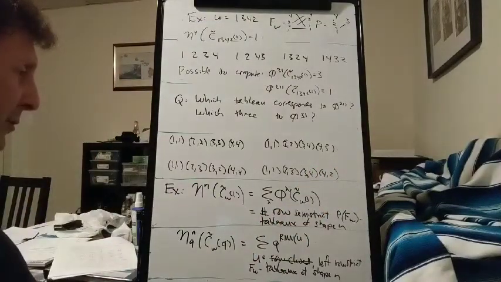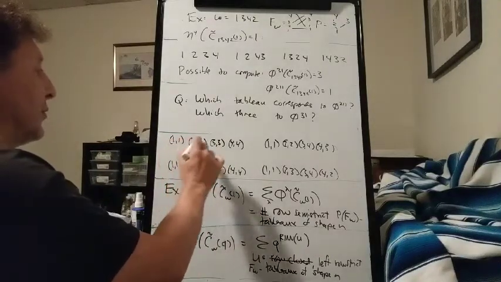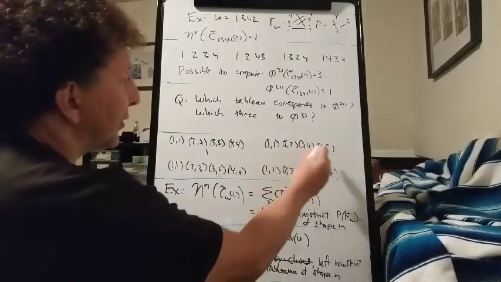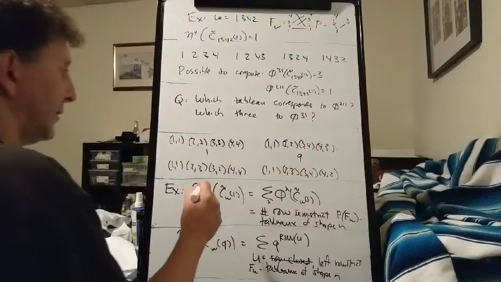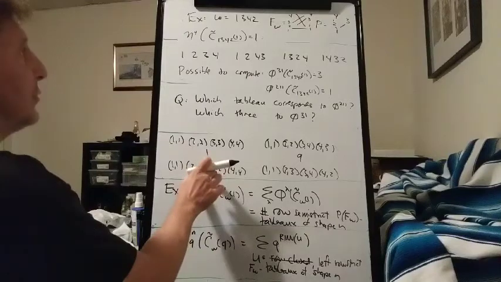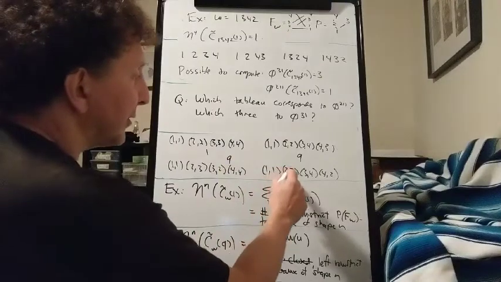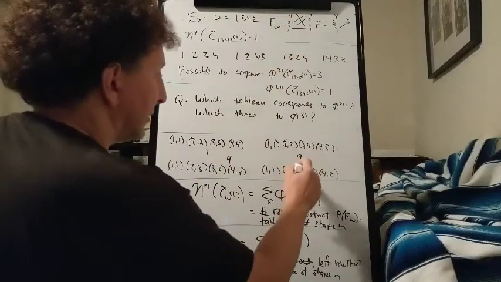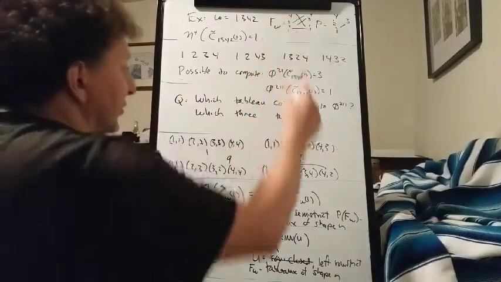Now if we compute right inversions, there's none here because the right indices are 1, 2, 3, 4 in that order. Q to the 0th is 1. 1, 2, 4, 3: 3, 4, and 4, 3 intersect, so that's Q to the first. And then 1, 3, 2, 4: 2, 3, and 3, 2 intersect, so that's another Q. And here we have 3, 4, 2: 2, 3, and 4, 2 intersect, and 3, 4, and 4, 2 also intersect.